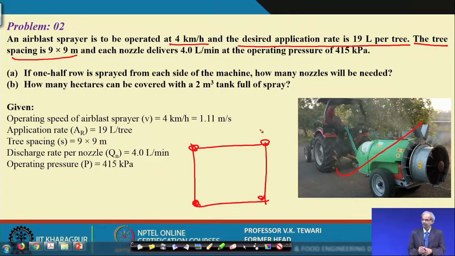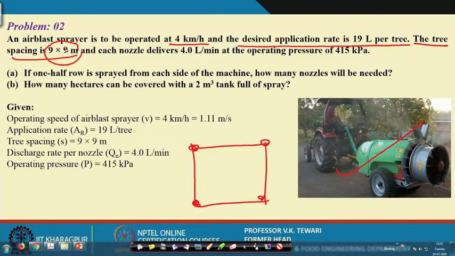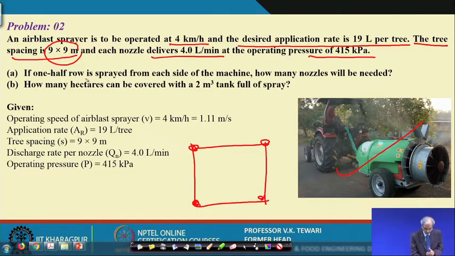Each nozzle delivers 4 liter per minute, and the operating pressure is 415 kilopascals. What is asked is, if one row is spread from each side of the machine, how many nozzles will be needed?